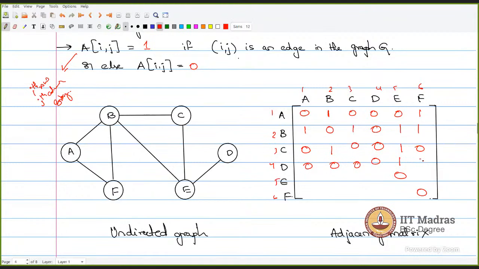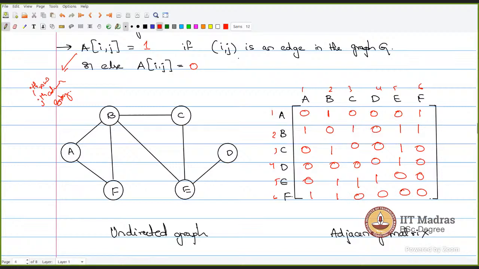No. E to A? No. E to B? Yes. E to C? Yes. E to D? Yes. E to F? No. F to A? Yes. F to B? Yes.